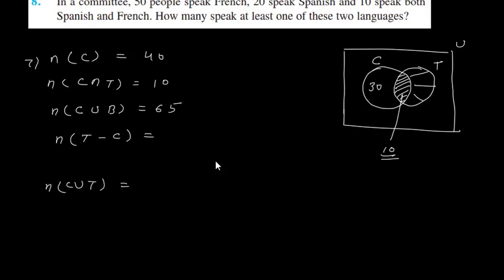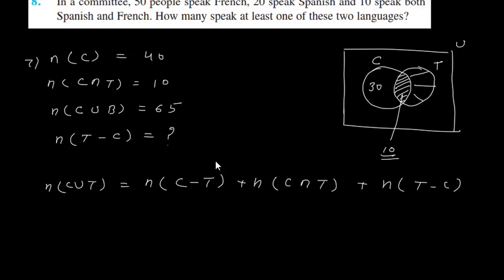I have to subtract cricket players from the tennis players. This is the question mark. Now n of C union T is n of C minus T plus n of C intersection T plus n of T minus C. This is n of C union T.